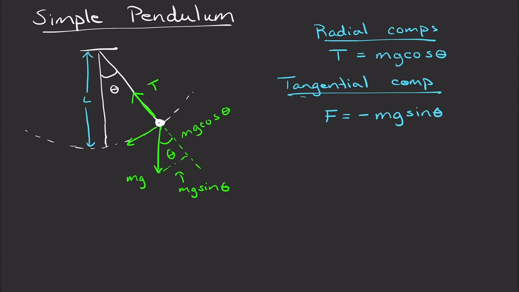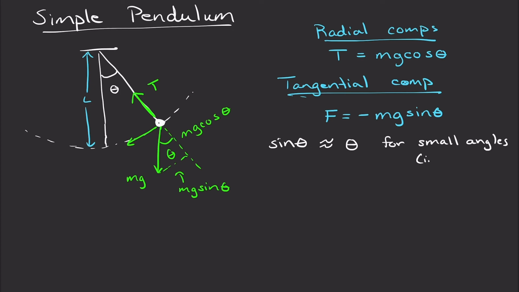And now we can do something called a small angle approximation. And this is something you can plug in your calculator to verify it's true. But for very small angles in radians, sine of theta, so sine of some angle in radians, is roughly equal to that angle in radians. So this is true for small angles.